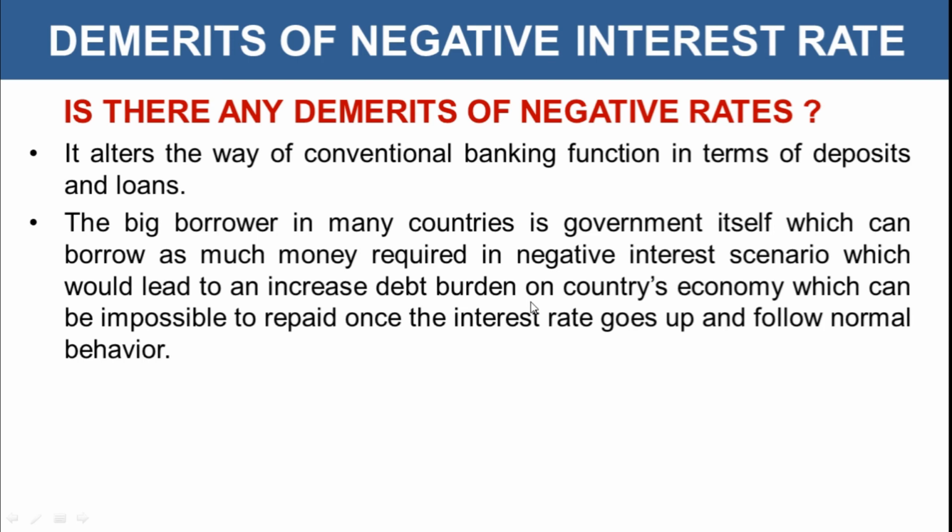And if the government is burdened with such a huge debt and loans taken, will it be possible to repay the loans when the interest rate increases and comes back to the normal pace? It will become impossible to repay, and thus there will be a lot of loss suffered by the banking industry. In such a situation, negative interest rates will totally collapse the economic situation. Thus, it needs to be handled and implemented well if required.